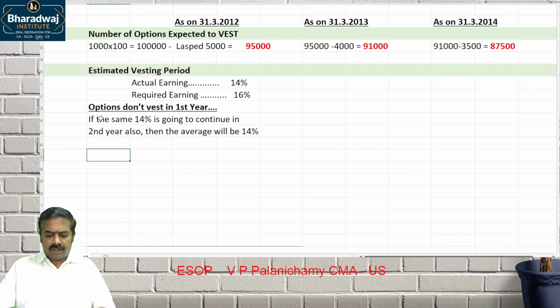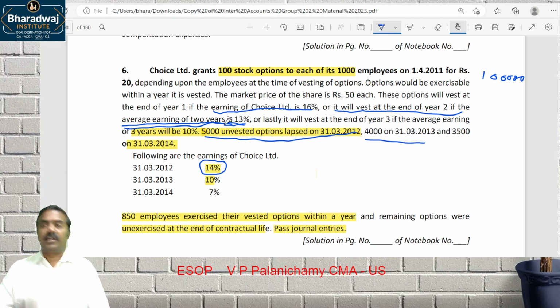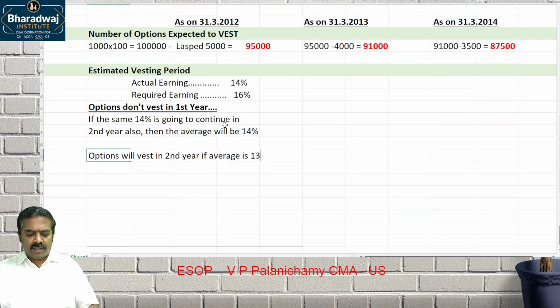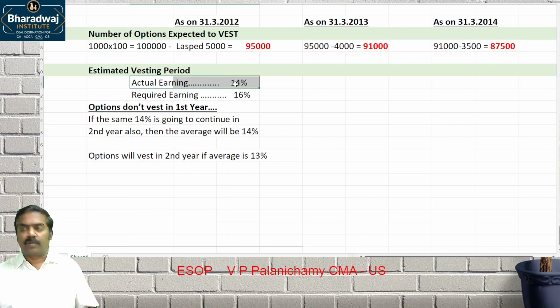So options will vest in the second year if the average is what percentage? Read the question. That's why I asked you to read the question. If the average earning of the 2 years is 13%. Clear? So wait. I'm at the end of the first year. My actual earnings are only 14%. Required earning is 16%. So options do not vest in the first year.